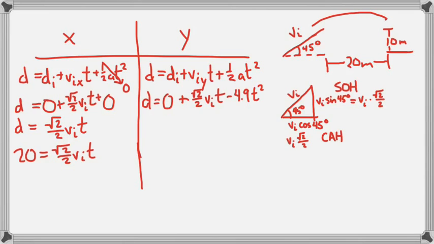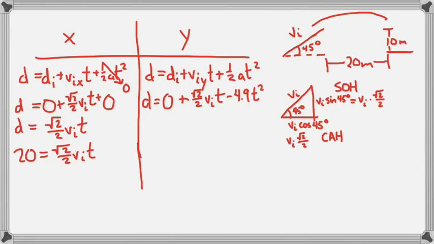Now, let's see here. I know I'm not given anything about initial velocity, that's what I'm trying to find. I wasn't given anything about time, but I was given some information about distance. Not only was I given information about distance in the x direction, like how far it has to go, but it also tells me that our daredevil professor is going to land 10 meters below the top of this ramp. So, what should I plug in for d right here?